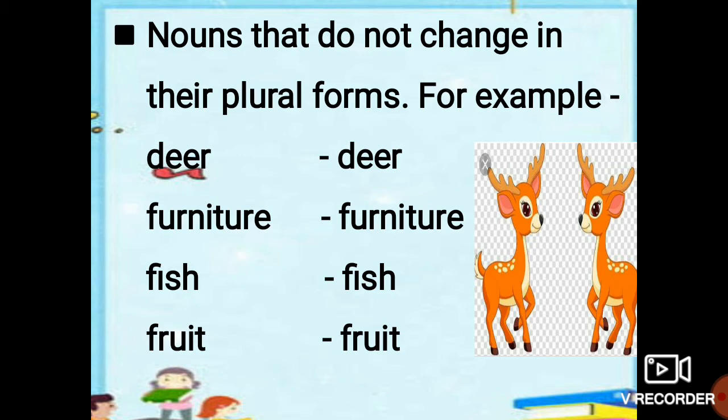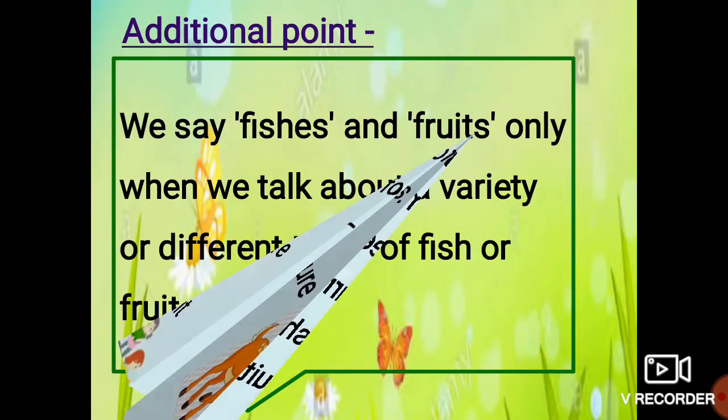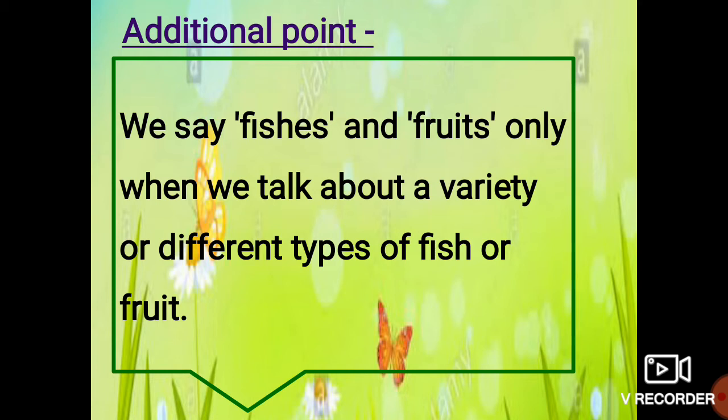So, as you can see in the given examples, the singular nouns and the plural nouns are both the same. Additional point: we say fishes and fruits only when we talk about a variety or different types of fish or fruit.